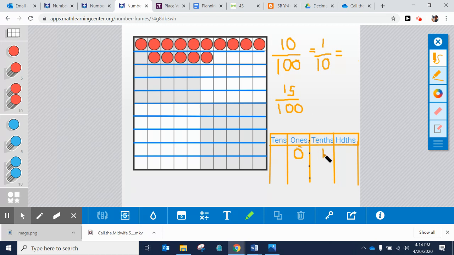And then here, we've got 5 hundredths. So you could say that 15 hundredths is the same as 0.15 or 0.15. Whichever way you say it is absolutely fine.